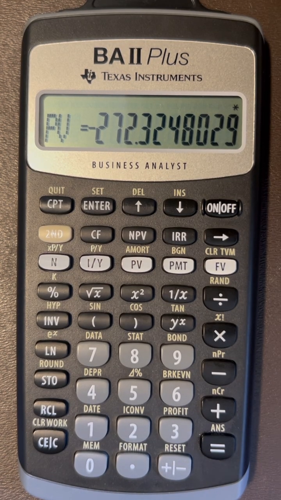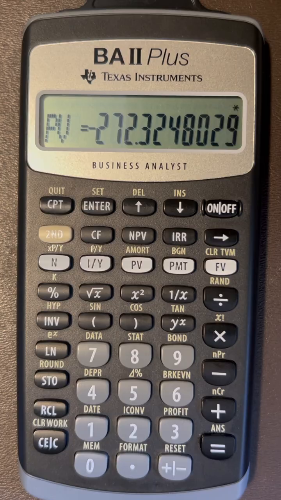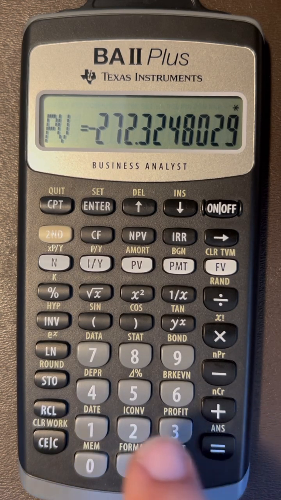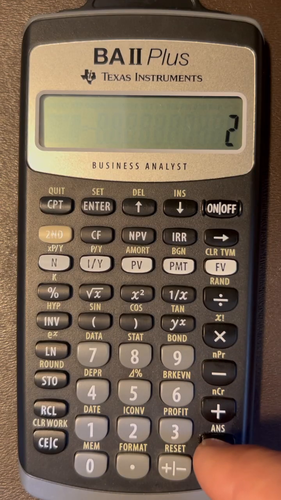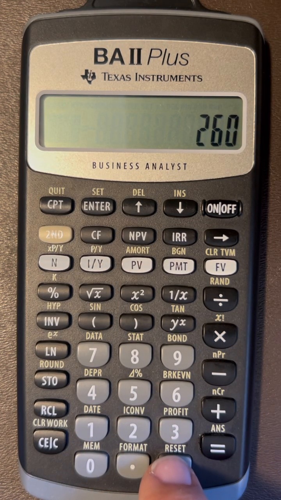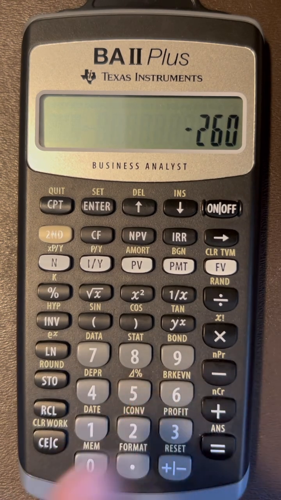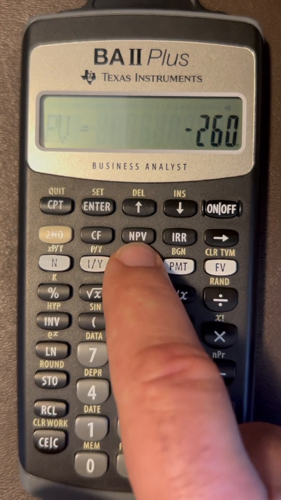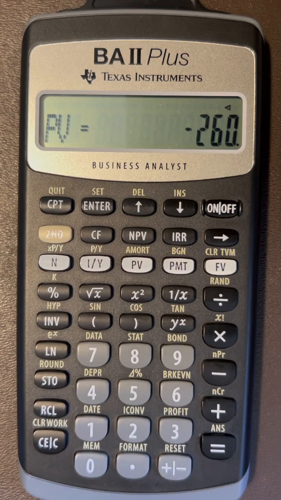So what we're going to do now is solve for the R. So I already have N in my calculator, N is 3. I already have the payment in the calculator, that's $100. Now I'm going to enter negative 260 for the present value, because I have positive payments, positive 100, and hit PV.